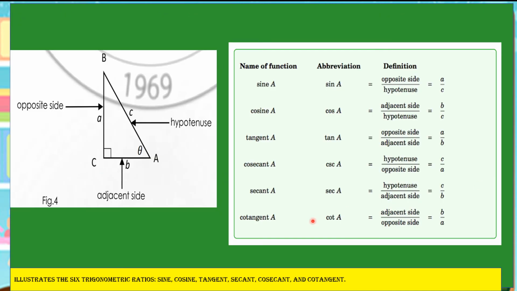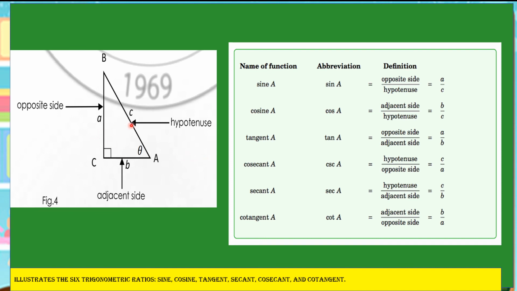So in this case, using figure 4, if you know the opposite side, the adjacent side, and the hypotenuse with respect to the angle theta, we can now determine the value of each trigonometric ratio or function.